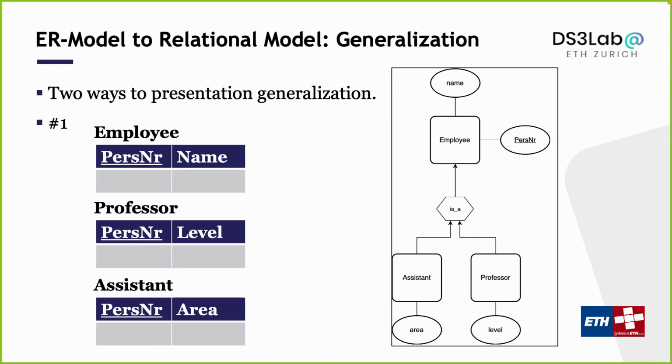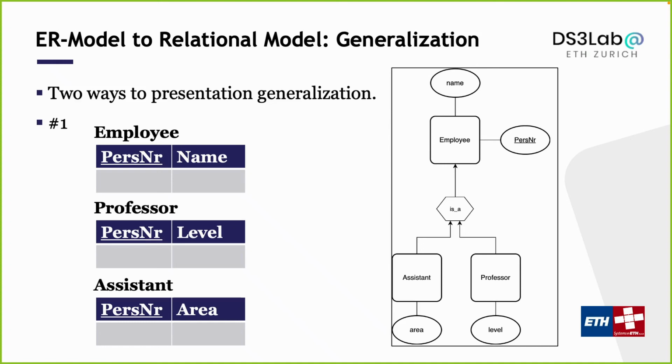You can have an employee relation in your logical schema that contains personnel number and the name of the employee. Then you can have a professor relation that contains personnel number, that's a key, there's nothing we can do about that, and also only those unique attributes associated with a professor. For example, the unique attribute of professor is level. So the professor relation has the personnel number and the level.